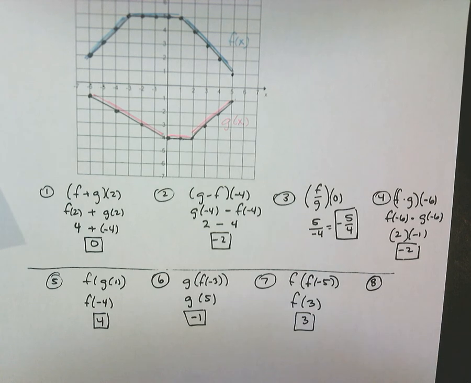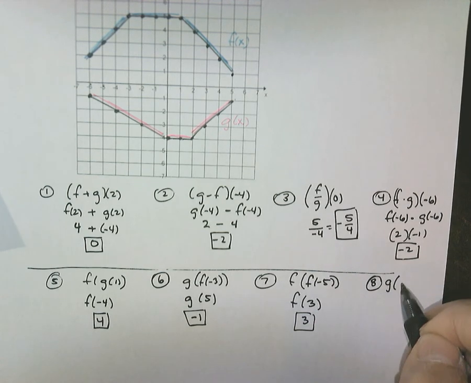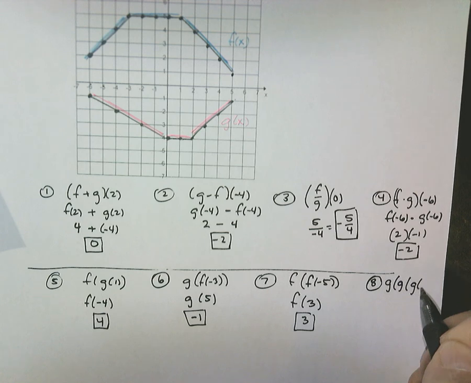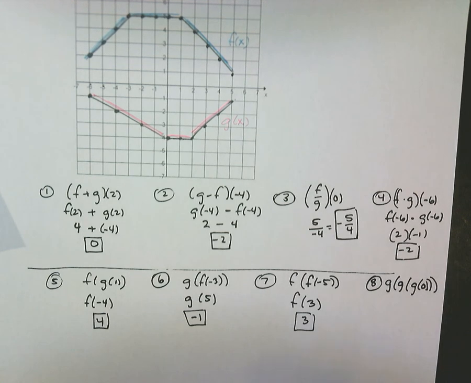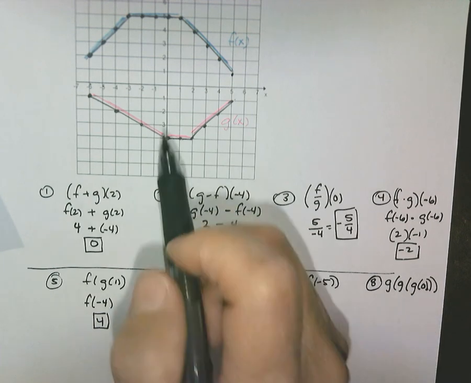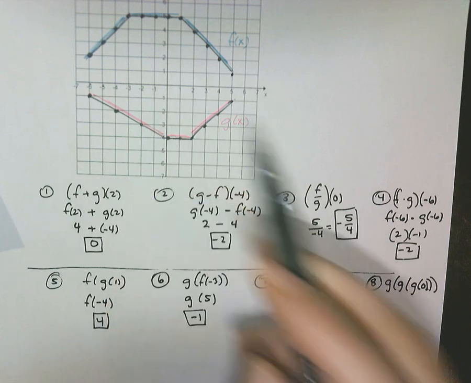And we'll do one more. Let's do g of g of g of g of 0. I know, a little ridiculous. Let's see, make sure parentheses match up. This parenthesis goes with this parenthesis goes with this parenthesis goes with that. Perfect. So I'm going to work from the inside. G of 0 is -4.